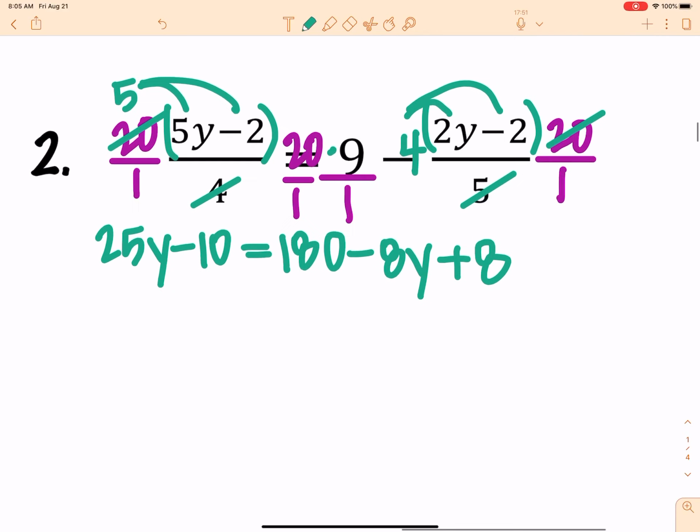So whichever way best suits you, but please take into account that negative sign into that entire expression. So people always forget about this guy in the back, and that's where they get problems wrong.